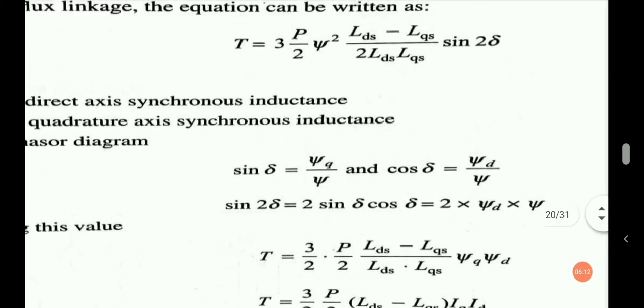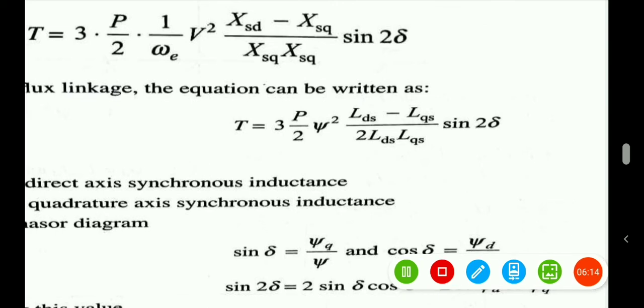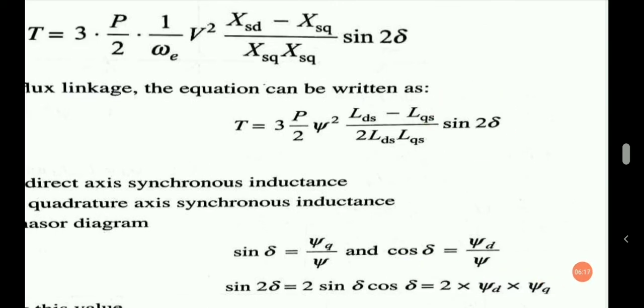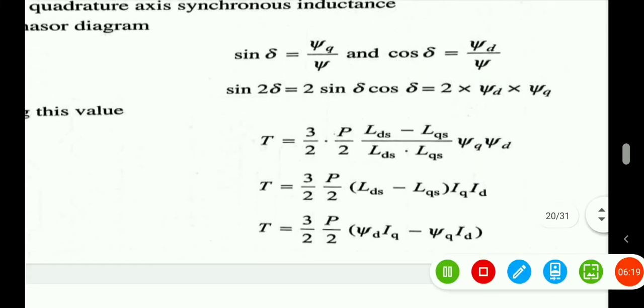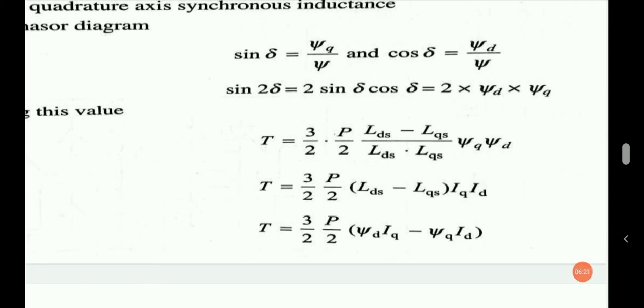Here previously it was sin 2 del, so it is replaced. Further, T equals 3 by 2 into P by 2 into (LDS minus LQS) in brackets, after the bracket IQ into ID.